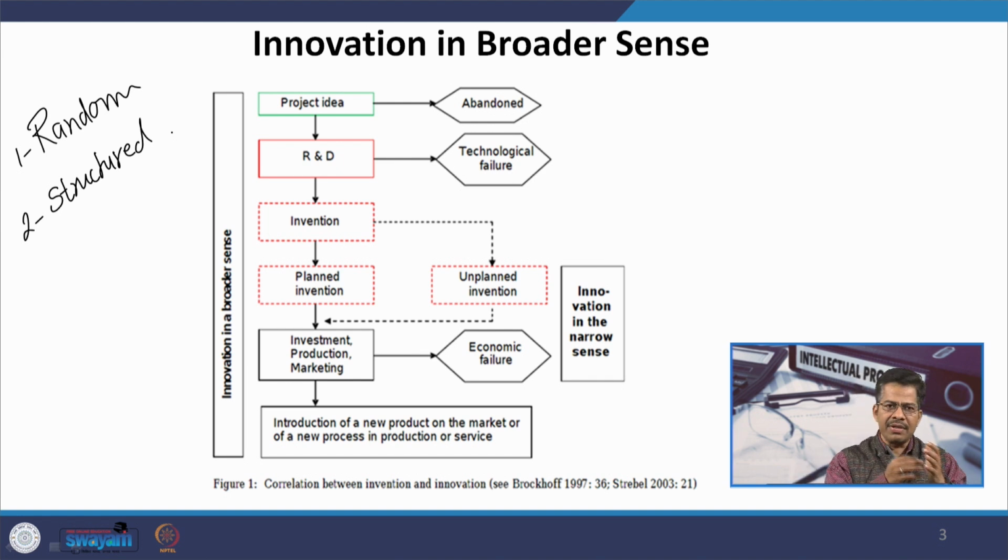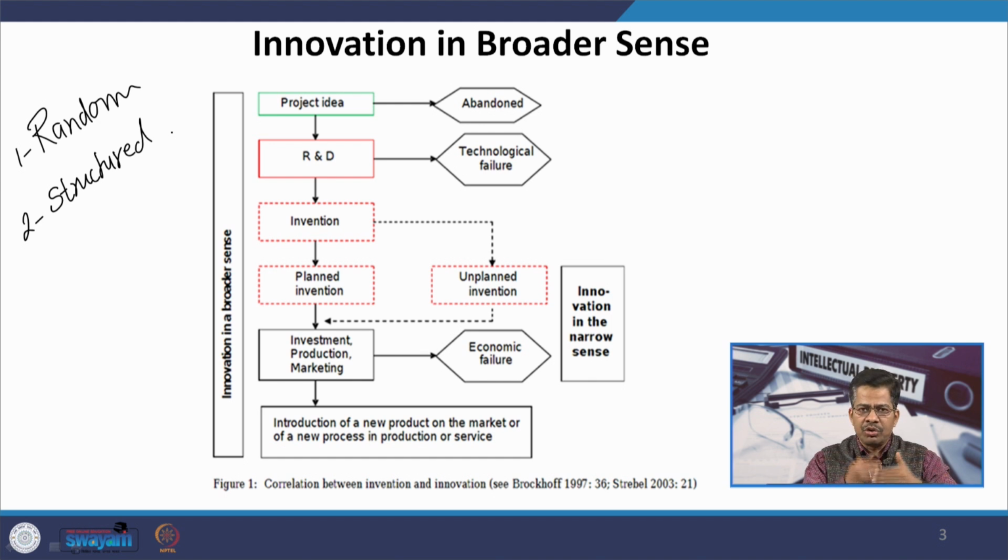Only when innovations take place, I will be able to generate intellectual property, and then IPPM will be possible. So, we want to create a structured innovation in our organization, and therefore, this systematic process where you are starting with the ideation stage, you need to do R&D, there may be some technological failures in that also.